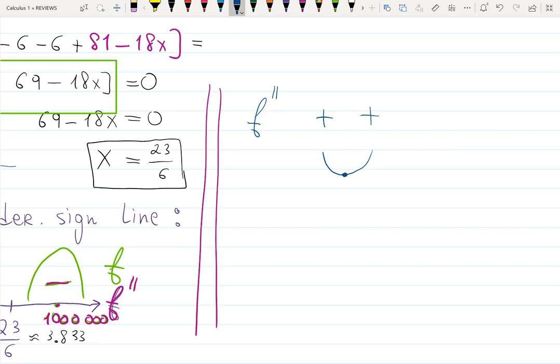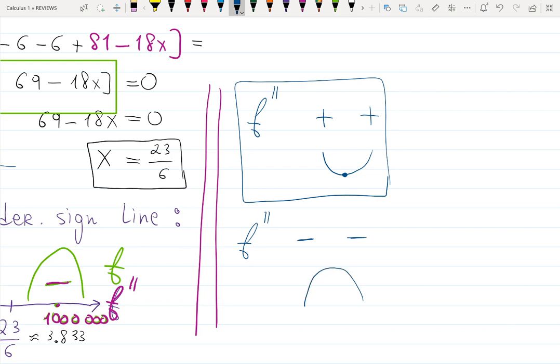If it's smiling, then it has a local minimum where the tongue is. If the second derivative is negative, then the original function is grumpy or frowny. Then the original function has a local maximum at the nose. That's a very cute way to memorize it, and surprisingly, it's a really good way to memorize this information.